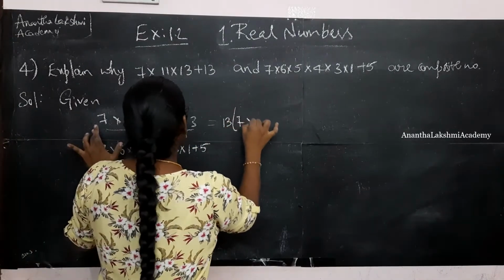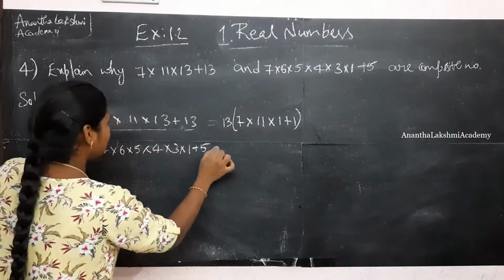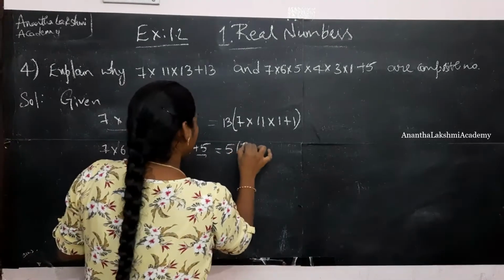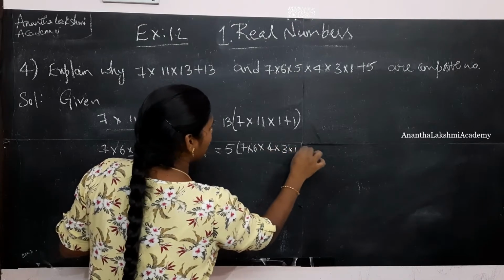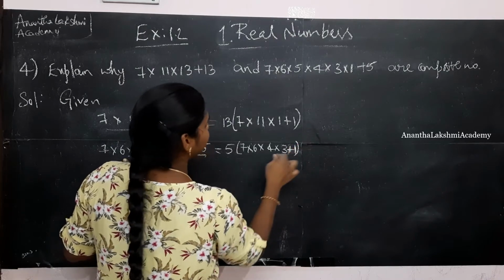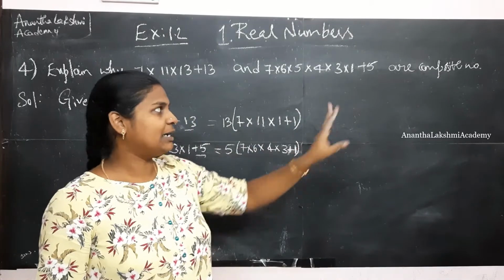So, for this particular number, let me take 13 common from both these terms. That way it becomes 13 into (7 into 11 into 1 plus 1). Now, in the other, I am taking 5 common: 5 into (7 into 6 into 4 into 3 into 2 plus 1). Here I have excluded 1 since this is multiplication with 1.